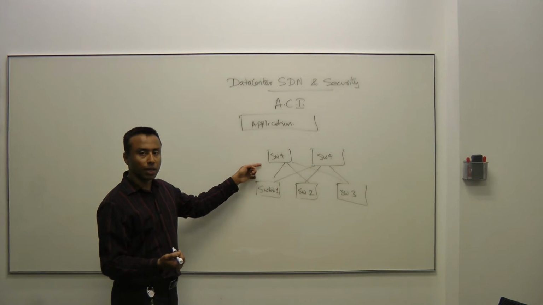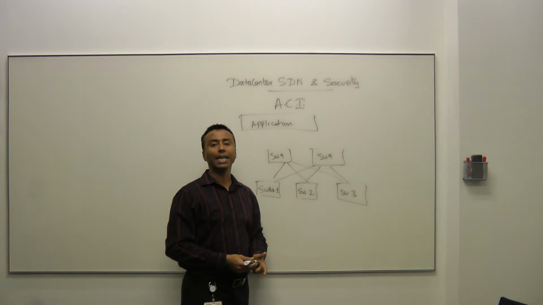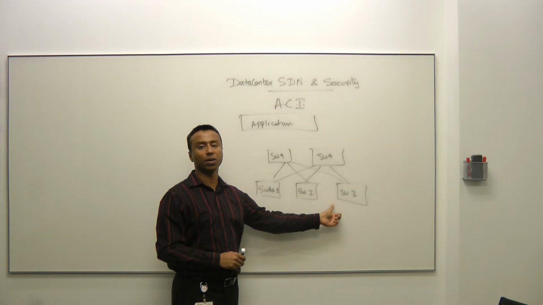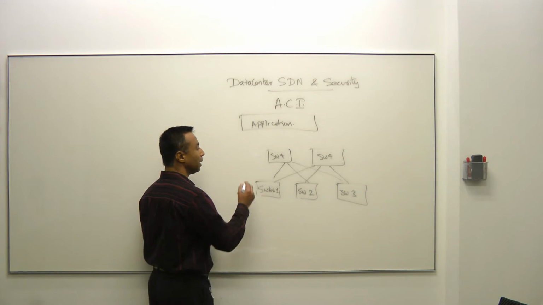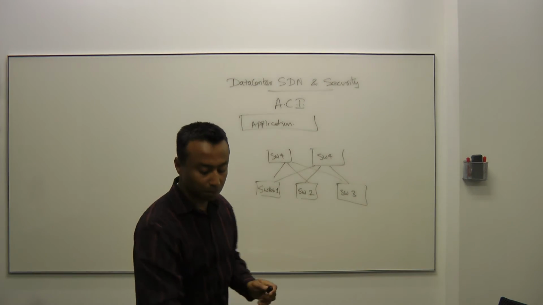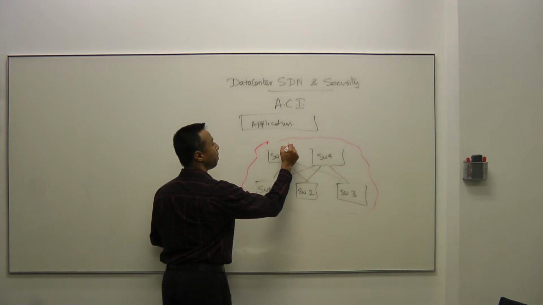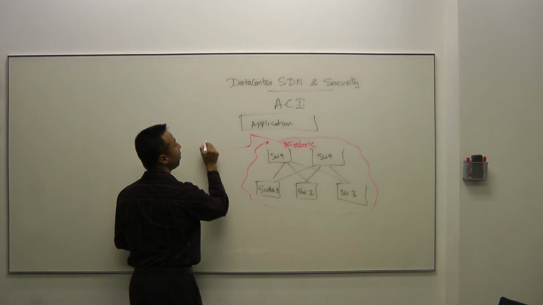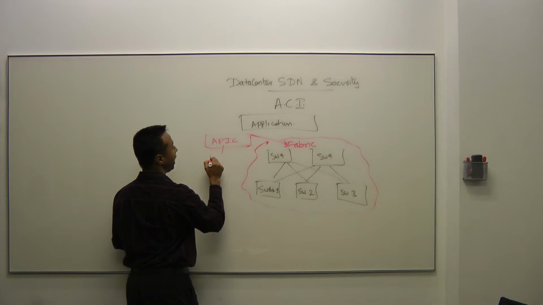The problem has been the fact that these network devices are independent of each other, meaning we have to independently manage, configure, troubleshoot, etc. What ACI does is it literally brings the entire network switches into what we call a fabric, and you manage this fabric from a controller or from a front end called APIC. This is the management controller.